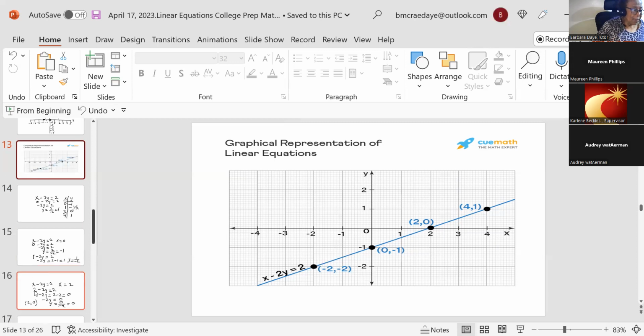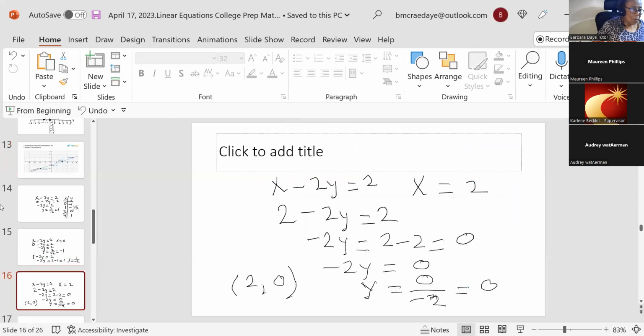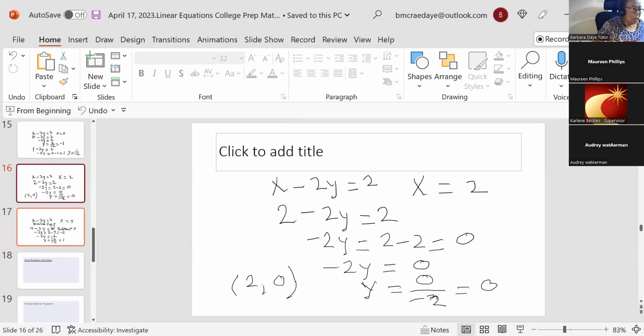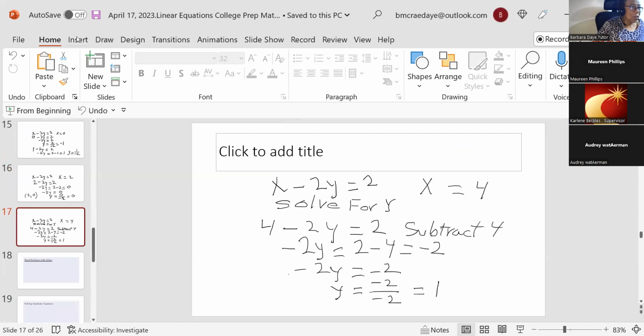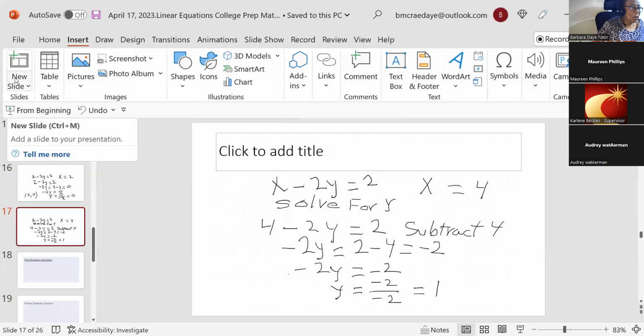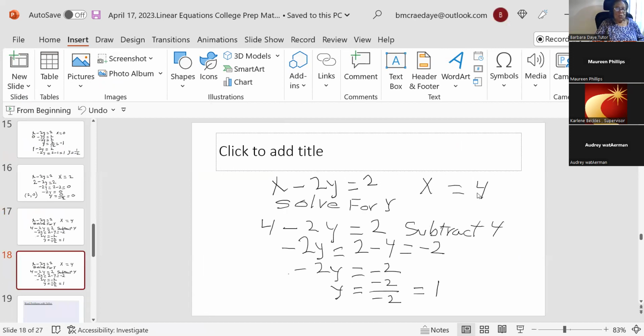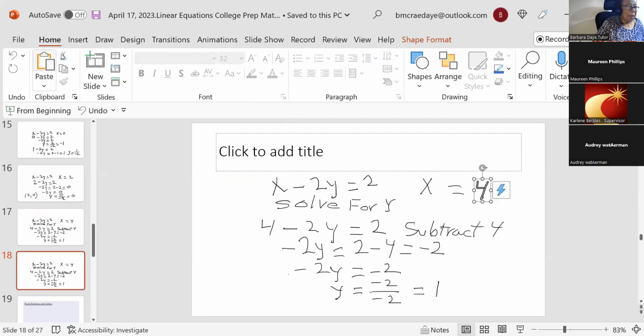Okay, let's do an insert. And do the duplicate. Now I want you to use x as a -2. Okay, so let me leave the x there. And take that out and put a -2.